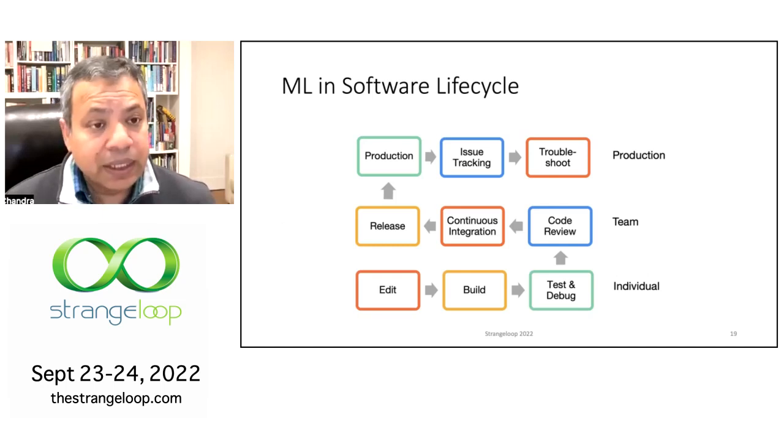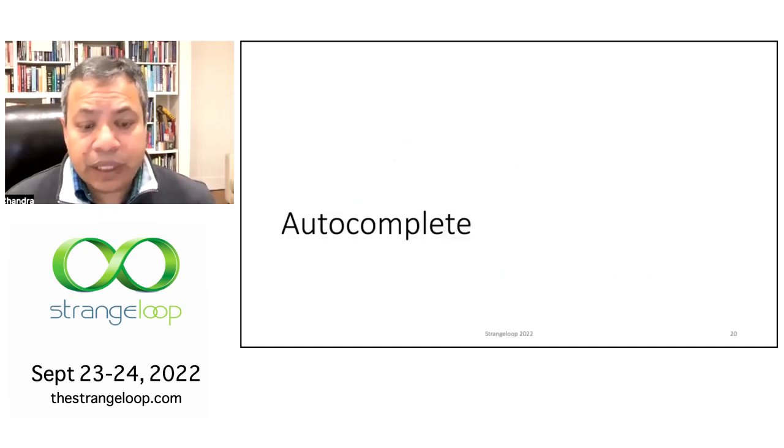So, it's a pretty exciting field. Now, what we are going to do is to look into a little bit of detail in autocomplete. I want you to get a high-level idea of how this autocomplete might be implemented using machine learning models.